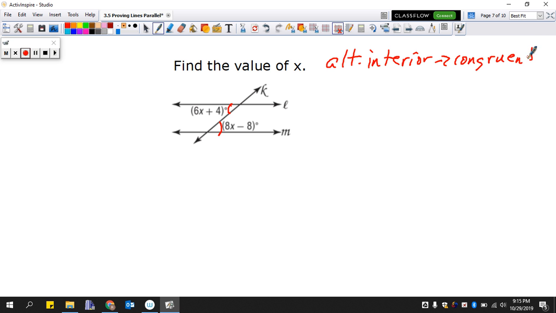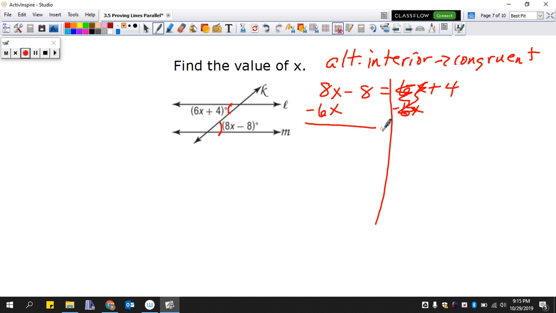So I'm going to put the 8x minus 8 first: 8x minus 8 is equal to 6x plus 4. We subtract 6x and collect like terms. We're left with 2x minus 8 is equal to 4.